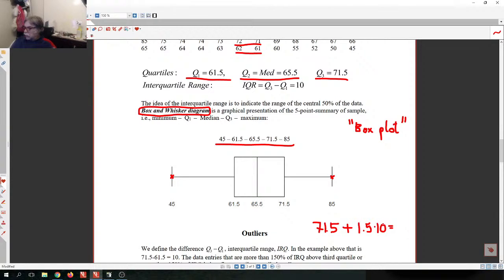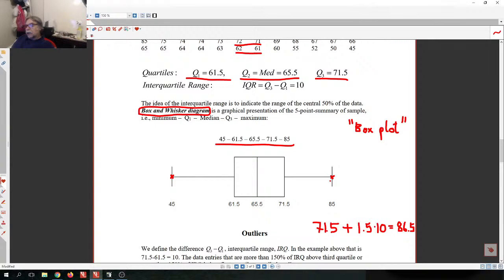So this is 15 plus 71.5, which is 86.5. Anything above that is an outlier. So basically, you are using the interquartile range, 150% of that, 1.5, added to the quartile 3. And that ends up everything outside of that range on that top side is an outlier.